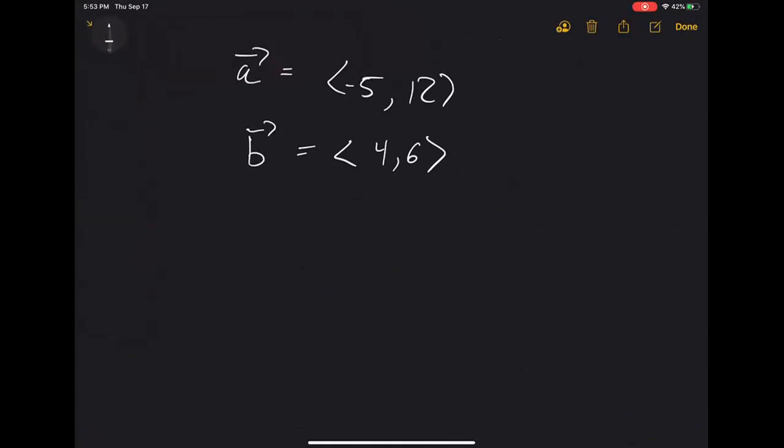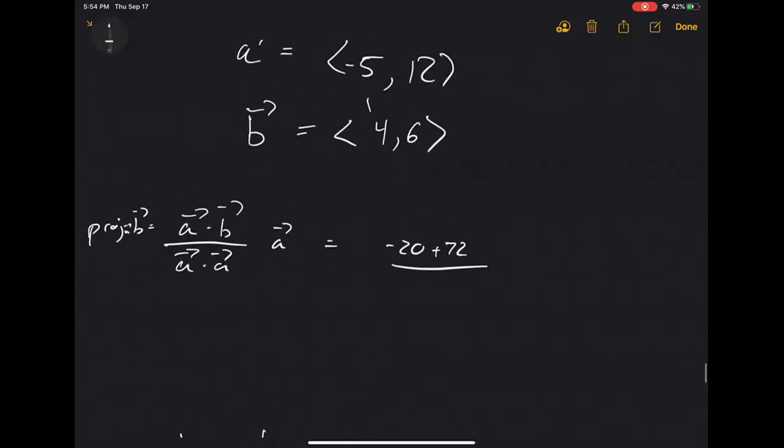First thing I need to do, okay, so I need to find A dot B over A dot A. So what's A dot B? Well, A dot B would be -5 times 4, so -20, 12 times 6, so plus 72.